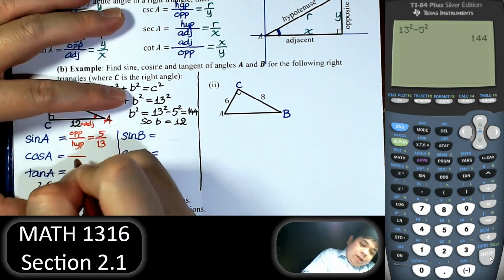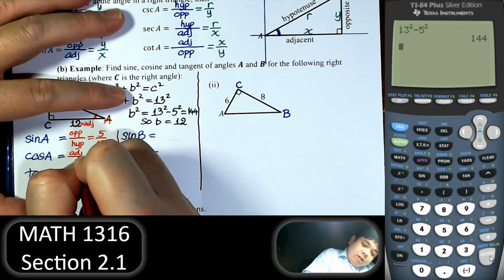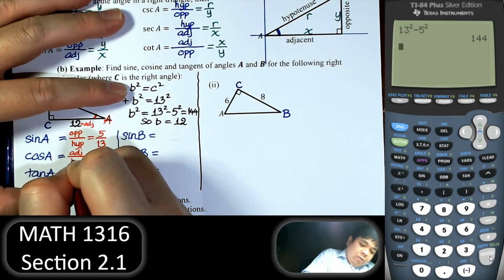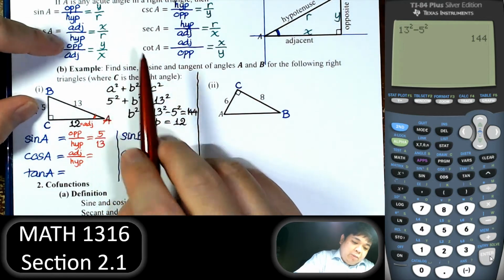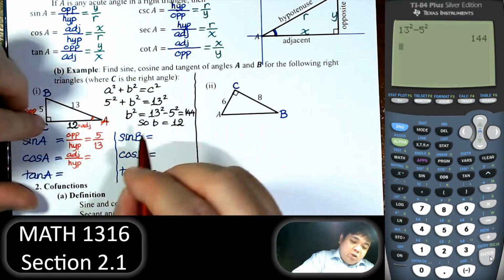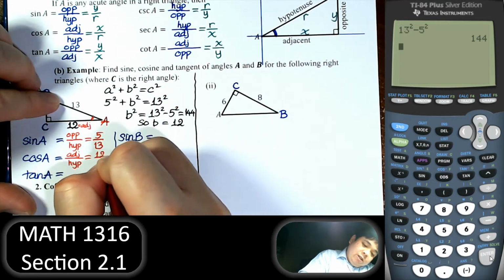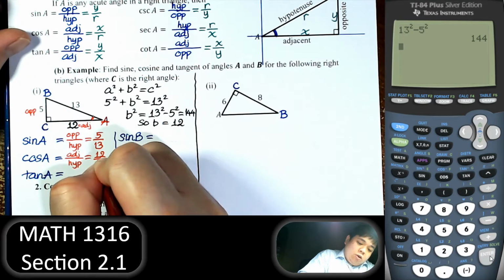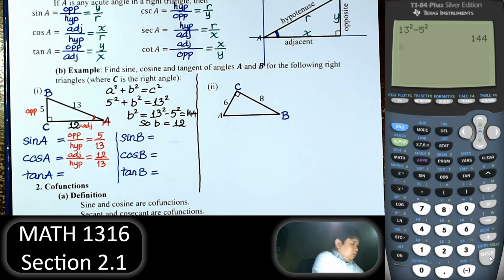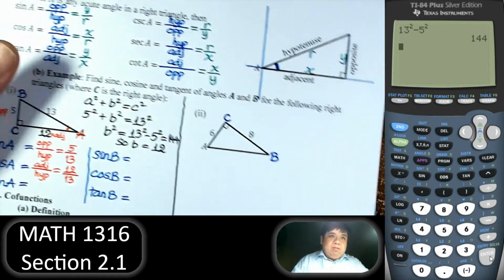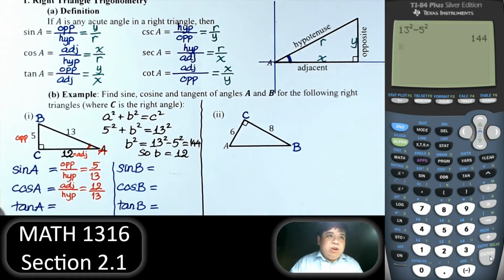Cosine is adjacent over hypotenuse. Adjacent to angle A is 12, and hypotenuse is 13. I have to write this smaller so it's closer to the camera.